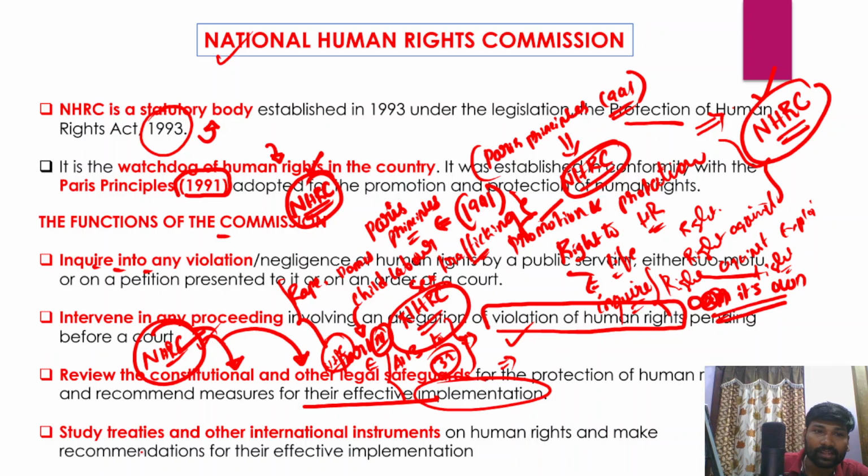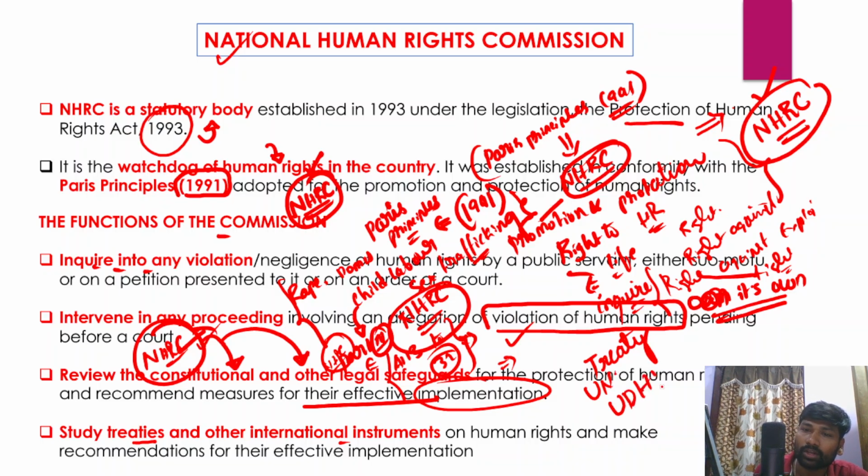In fact, it studies treaties and other international instruments. For example, if there is any important international treaty, there is one international agreement on human rights, that is the United Nations Universal Declaration on Human Rights.